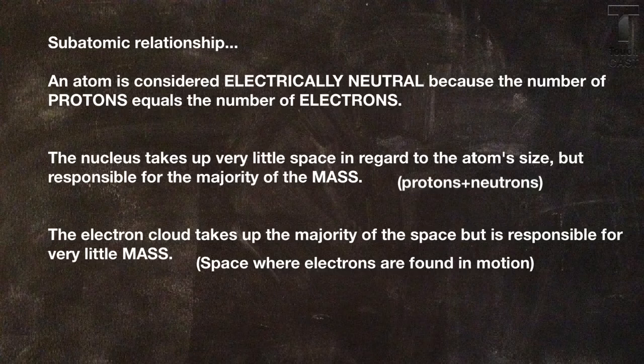So our atom is considered electrically neutral. That's one relationship. The next relationship, the nucleus, the part that's in the middle, actually takes up very little space, so those protons and neutrons are packed pretty tightly inside the nucleus, but that's responsible for the majority of the mass of the atom. So your number of protons plus your number of neutrons, and we'll talk more about that later.